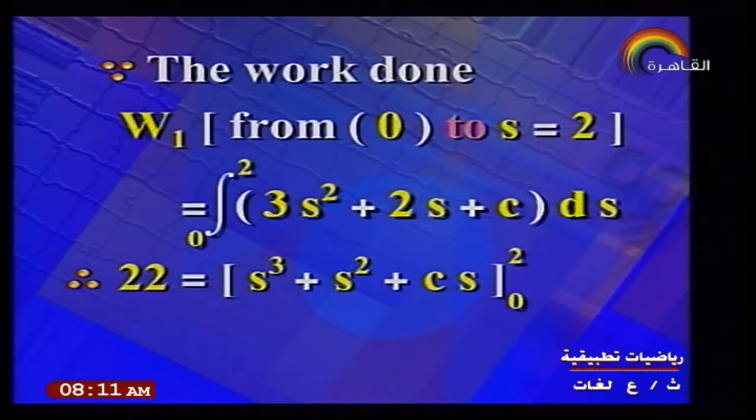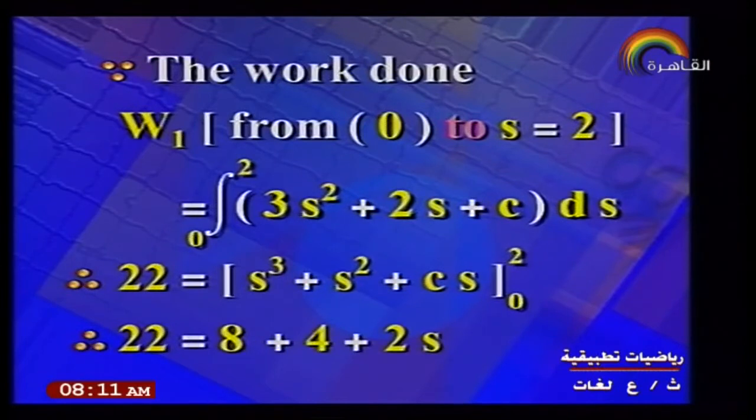Then by substitution about s equals 2 and about s equals 0, 22 equals 8 plus 4 plus 2c, then c equals 5.